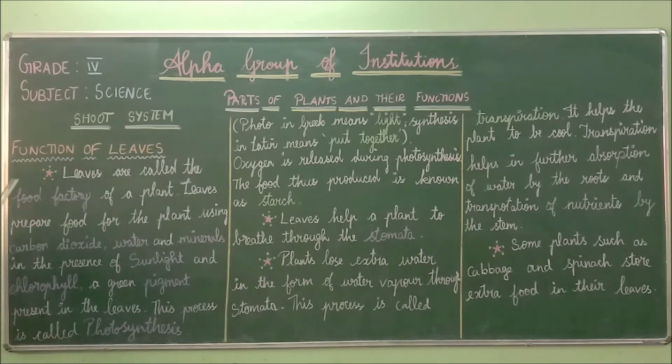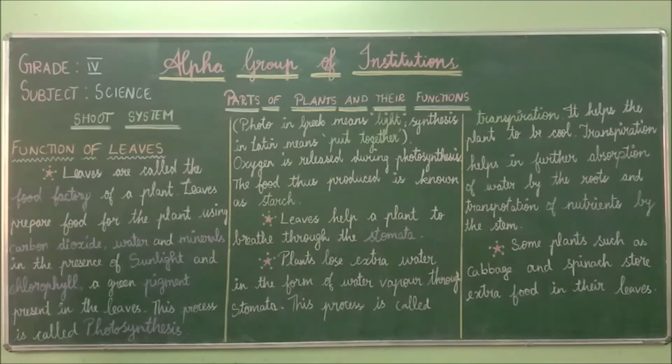Photosynthesis. Shall we repeat it once again? Leaves are called the food factory of the plant, and with the help of carbon dioxide, water, minerals, and in the presence of sunlight and chlorophyll. What is meant by chlorophyll? A green pigment present in the leaves.